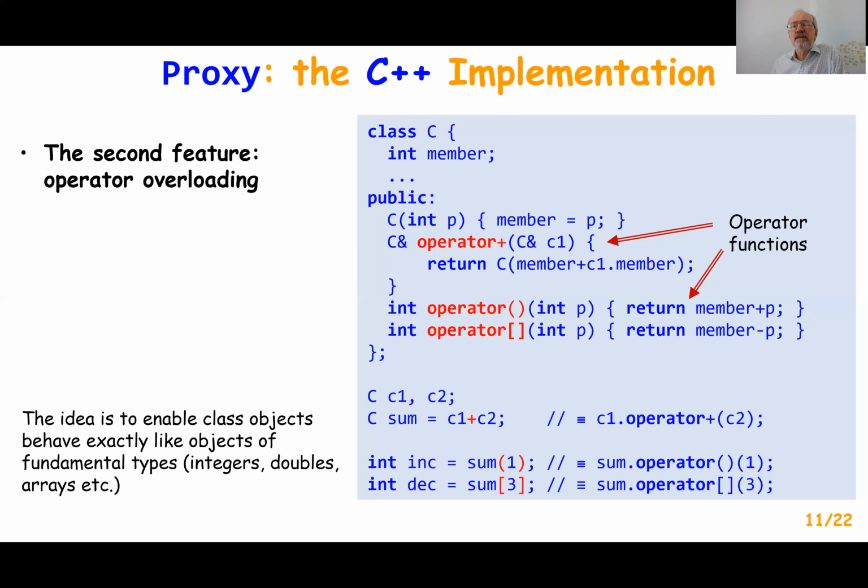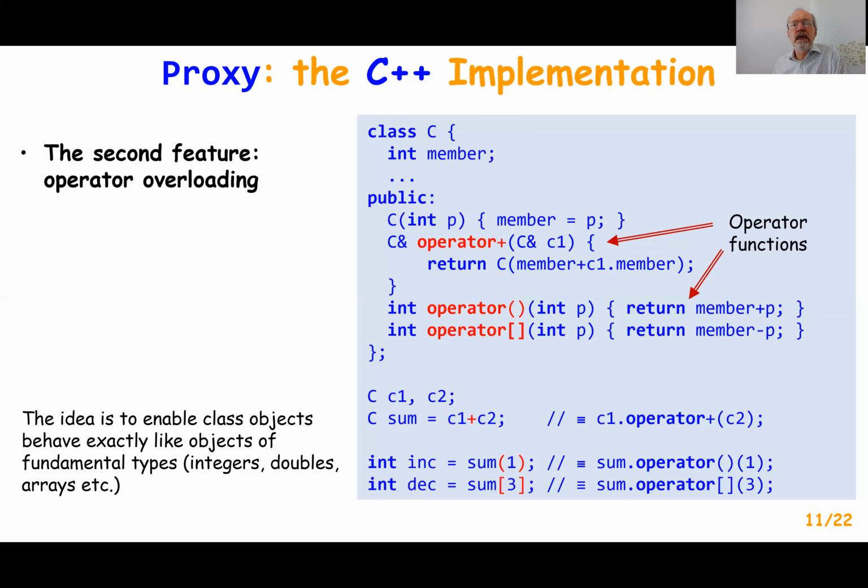We use a special notation: the keyword operator and the sign, operator plus, in the first example. This declaration looks like a usual function, or member function, or method. The exception is that the name of that method looks a little bit unusual.